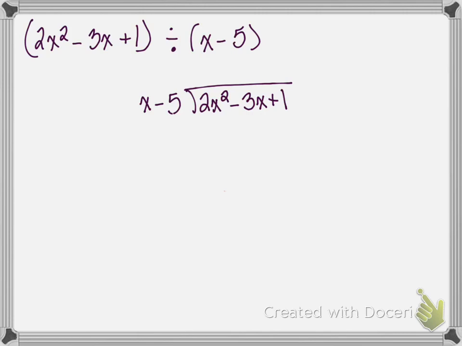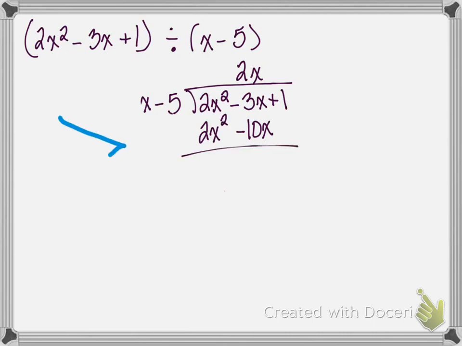Then I say x times what gives me 2x squared? 2x. 2x times negative 5 is negative 10x. 2x times x is 2x squared.